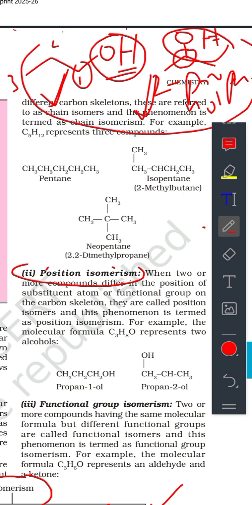The examples given are 1-propanol and 2-propanol. Here the OH group comes at the second carbon, that is propan-2-ol. Okay, this is position isomerism.